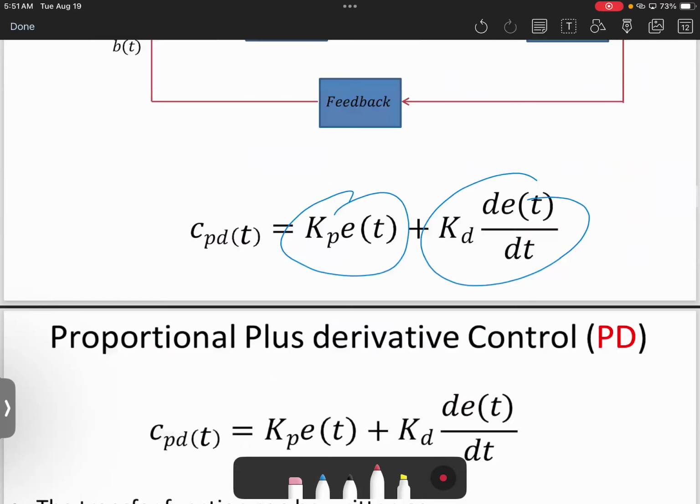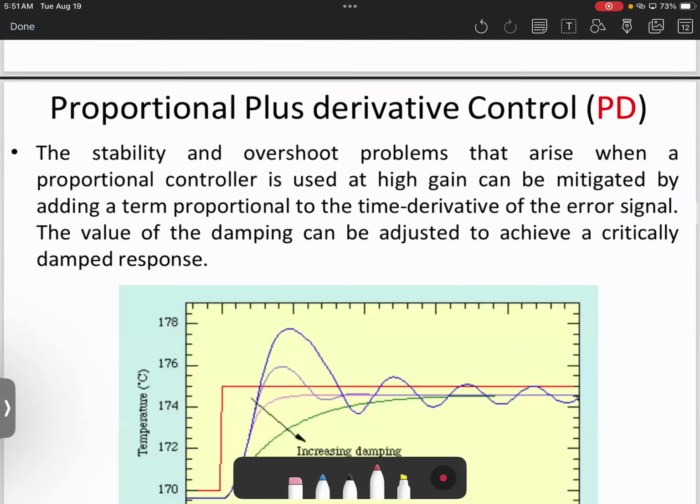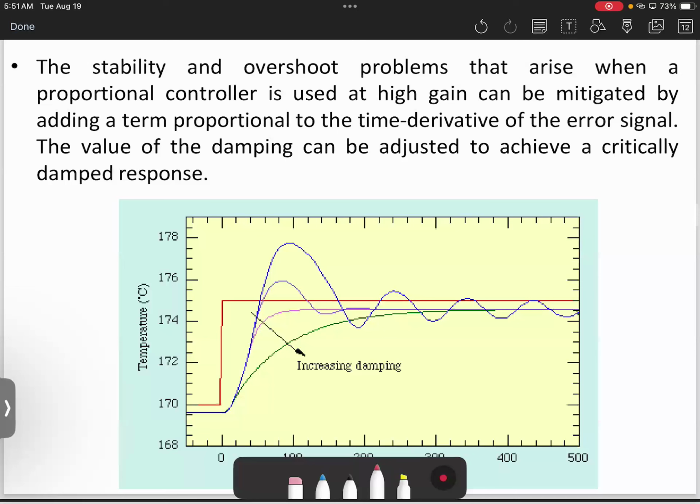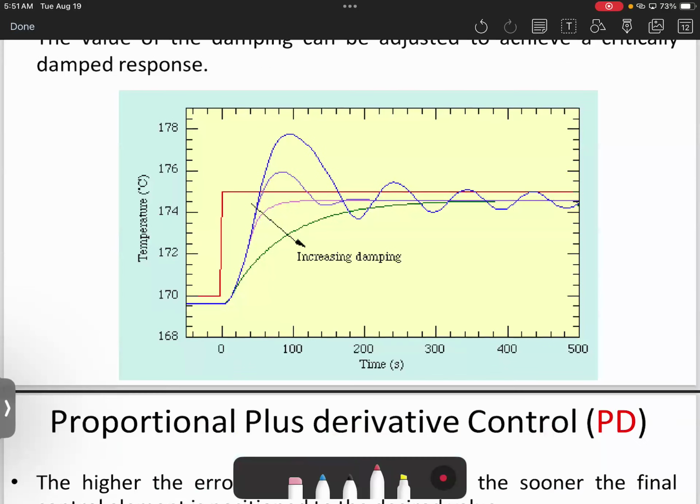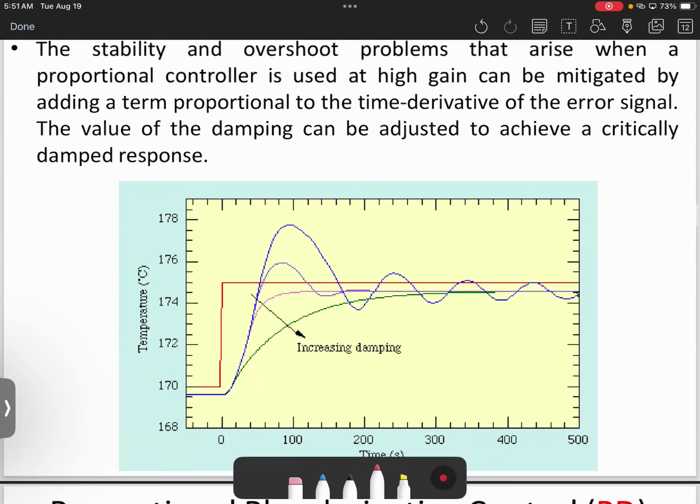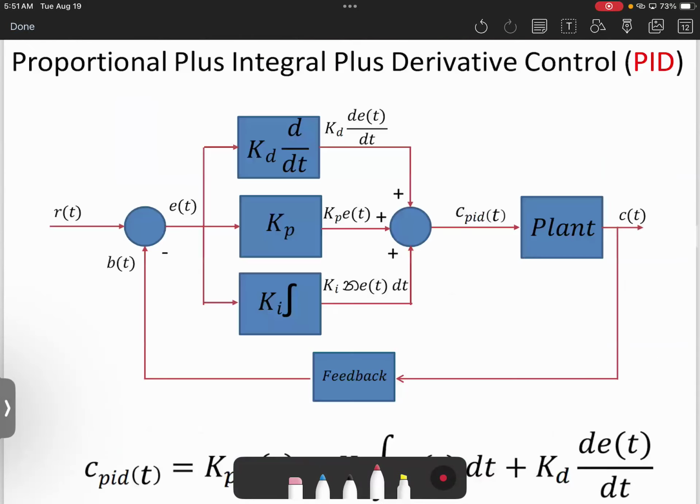The next thing is the impact of the D controller: it will try to stabilize the system and adjust the performance. Let's talk about the other one, PID. Here is PI, and we add a D to get PID.